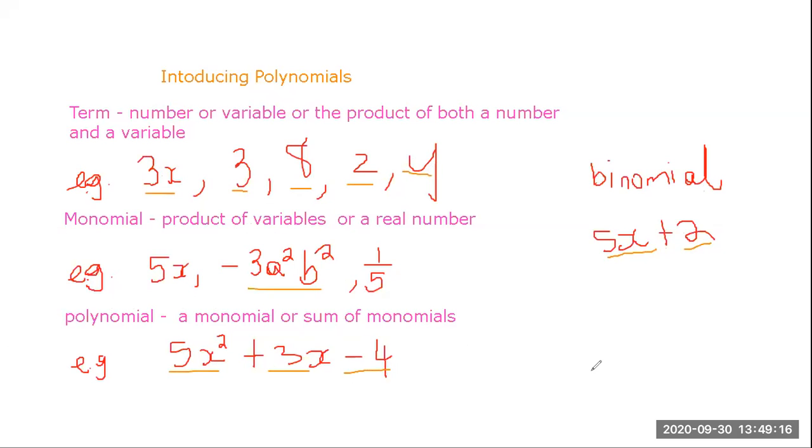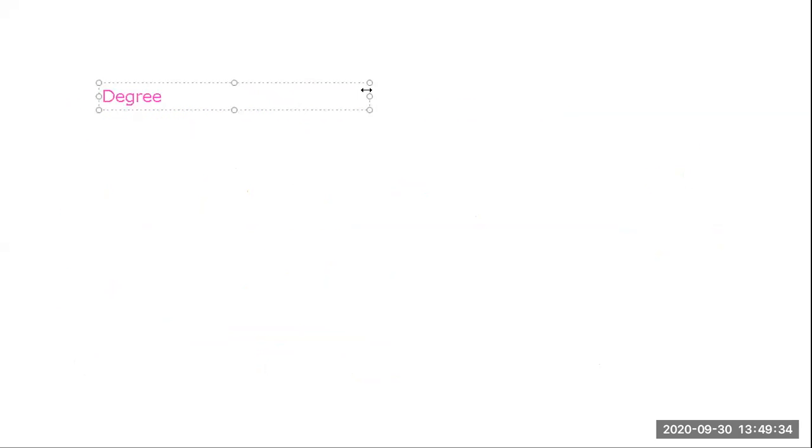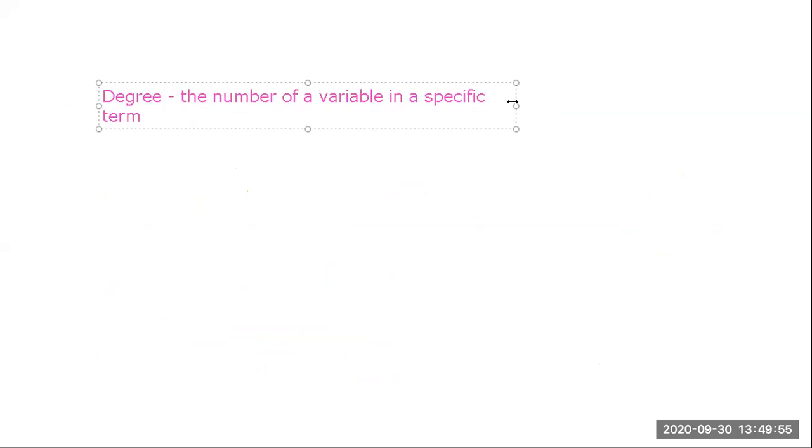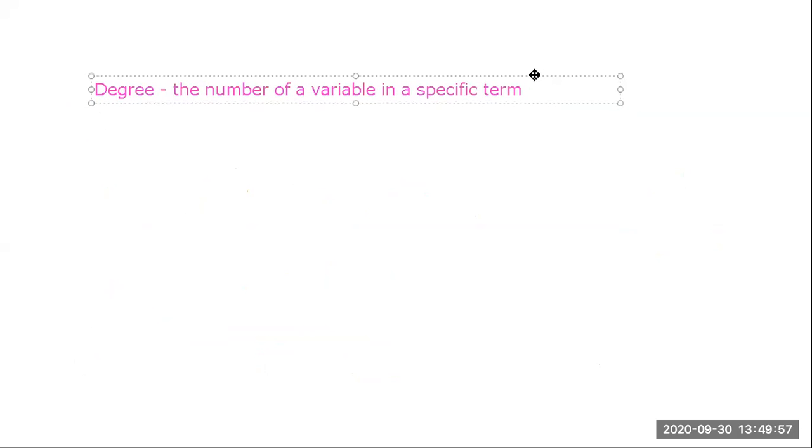The next thing we're going to look at is degree. The degree talks about the number of a variable in a specific term, basically the exponent.